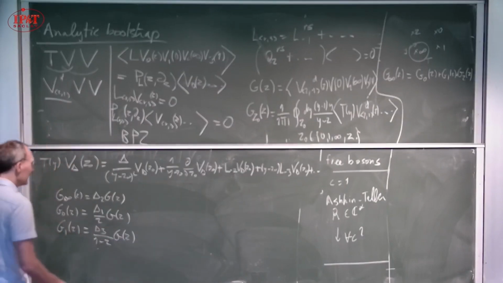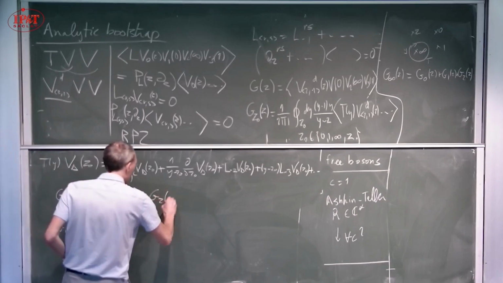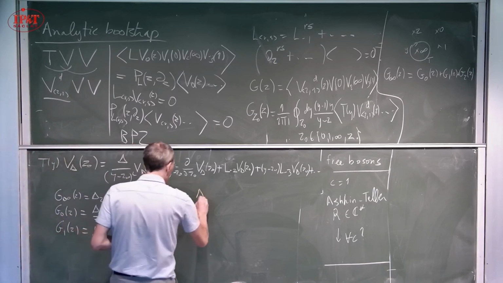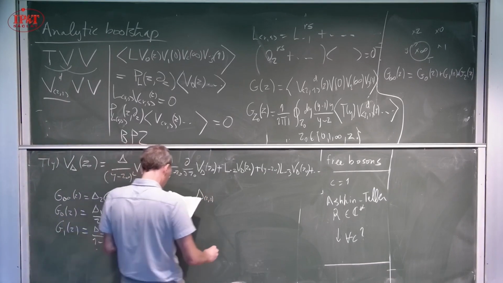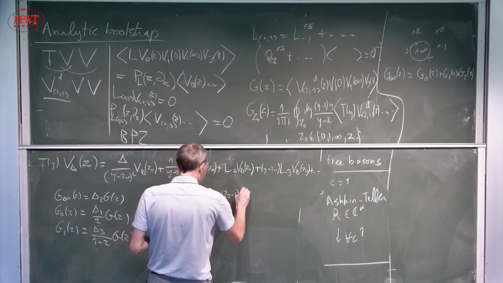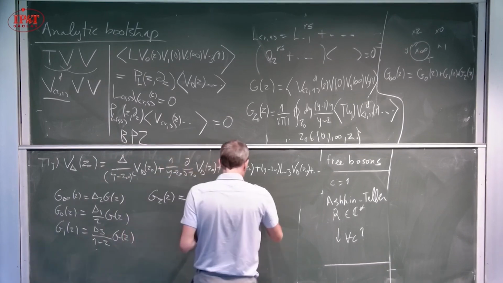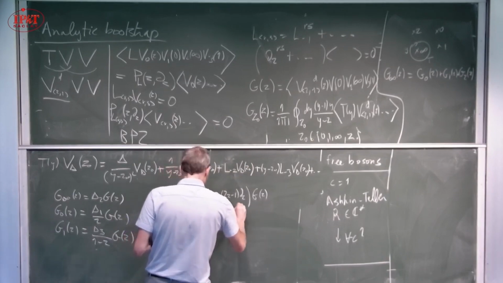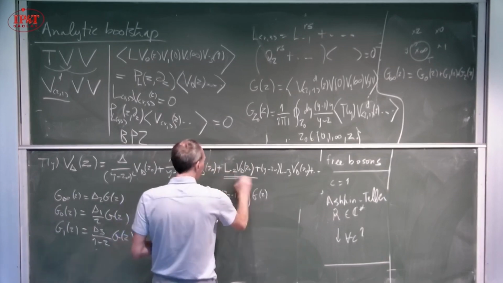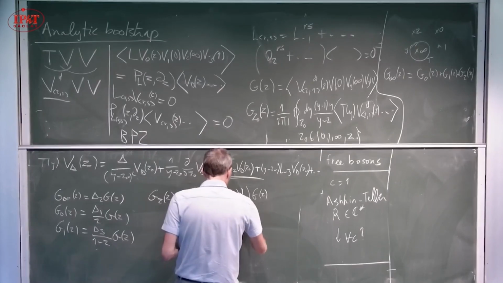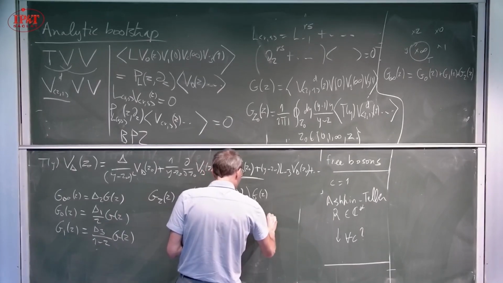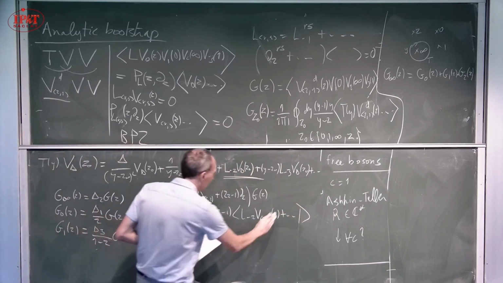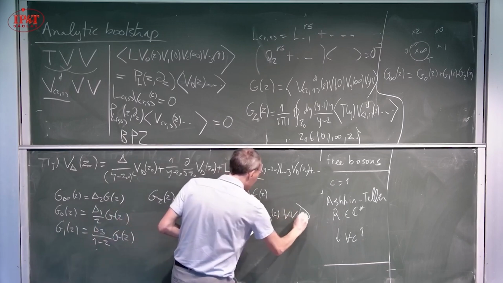So I'll get a pretty complicated result, which is, if you do the calculation, we still have this delta term, of course, but then we have a derivative term, 2z minus 1 dz G of Z. But we also get z minus 1 times a contribution from this L minus 2 term. So L minus 2 V21 of Z. Sorry, not plus etc. It's not a plus, it's the other field.